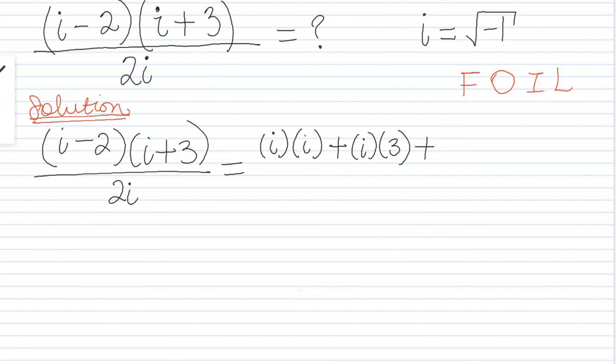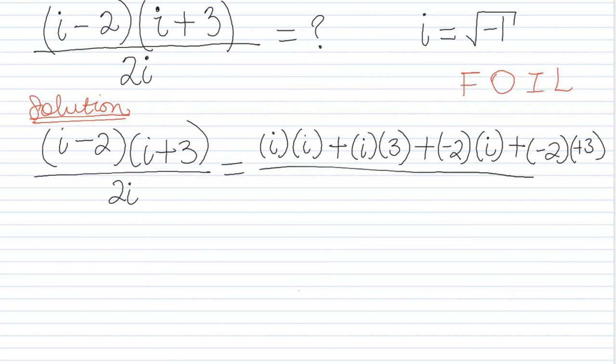The innermost is what is innermost in comparison to the entire bracket. For the first bracket, we have -2, and for the second bracket we have i, so plus -2 times i. Plus, now we're dealing with the last information in each bracket, so that would be -2 multiplied by positive 3. All of that divided by the denominator 2i.